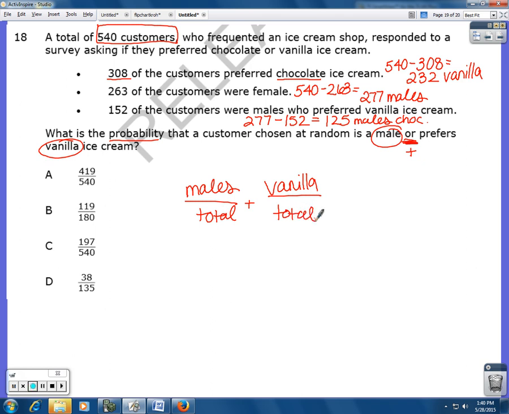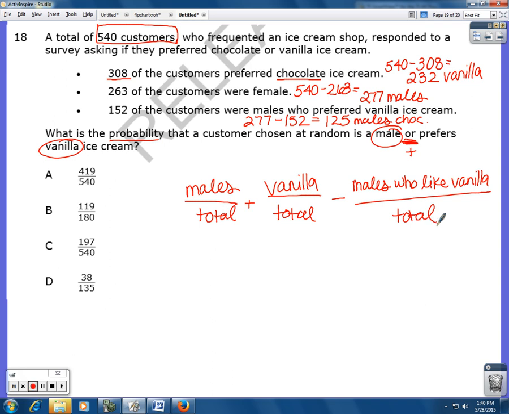Now here's the thing though, if I account for all the males and I account for all the people who like vanilla, some people are going to get counted twice. Let's say there is a man who also likes vanilla. He's going to get counted here with the men and he's going to get counted with the vanilla. And we can't count him twice because that will mess up our probability. So we're going to have to subtract out the males who like vanilla so that we don't count them twice.